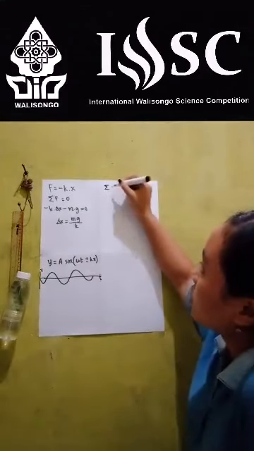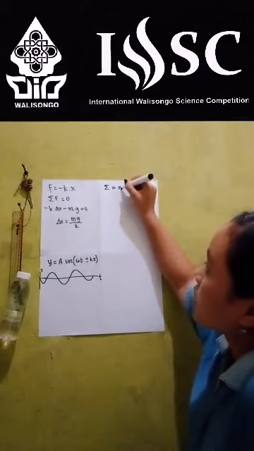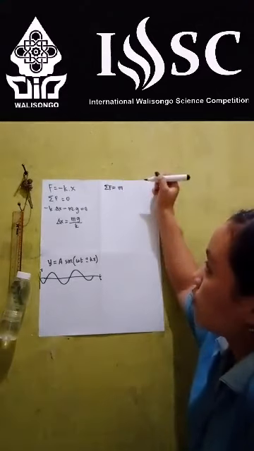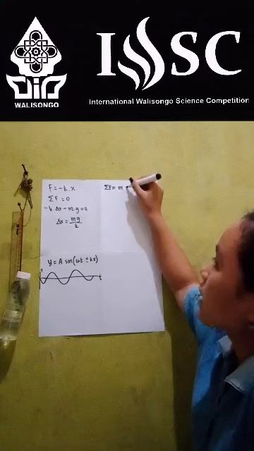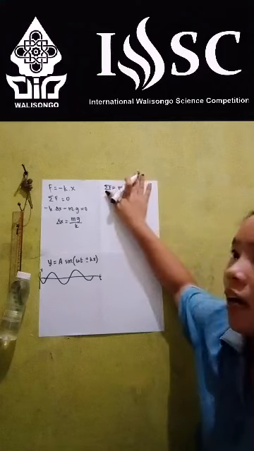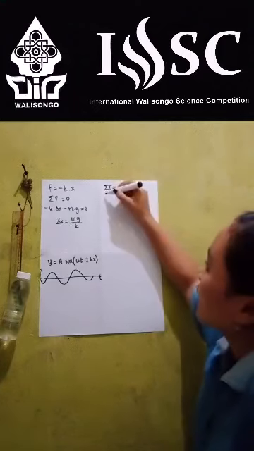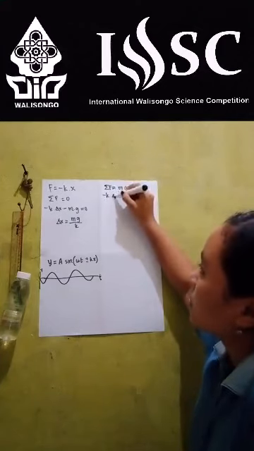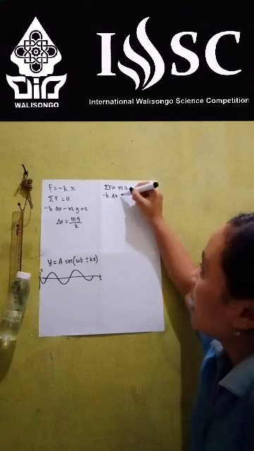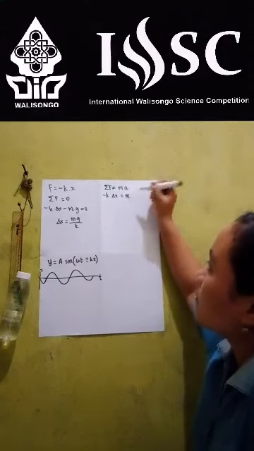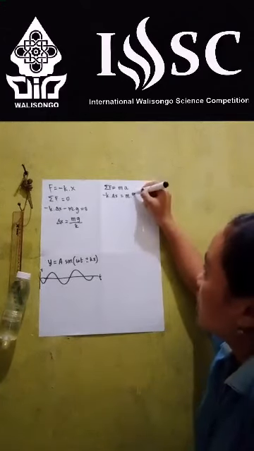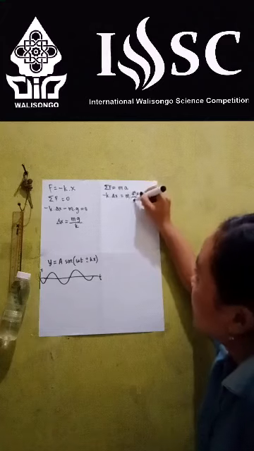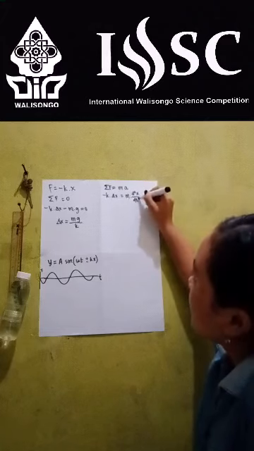Okay, next, another equation that you can use for this case is sigma force equals mass of the object times acceleration. Then we can write it as k times displacement of the object equals mass of the object times d squared x divided by dt squared.